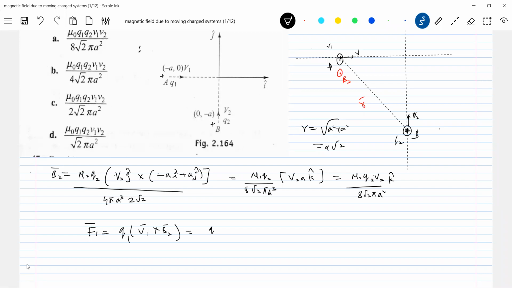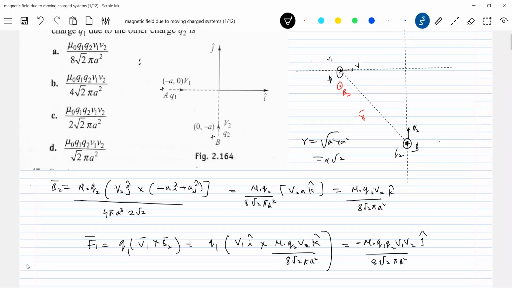So Q1, V1 is V1 i cap, cross mu naught Q2 V2 k cap, so mu naught Q1 Q2 V1 V2 by 8 root 2 pi a square. i cross k is minus j. This is F1.